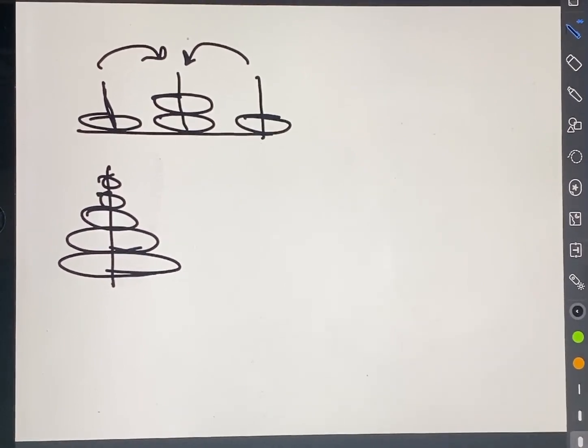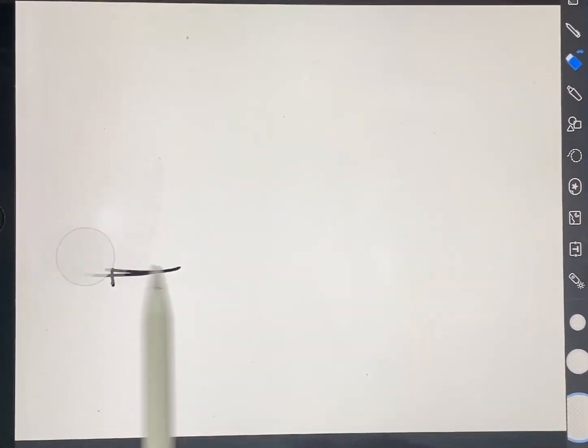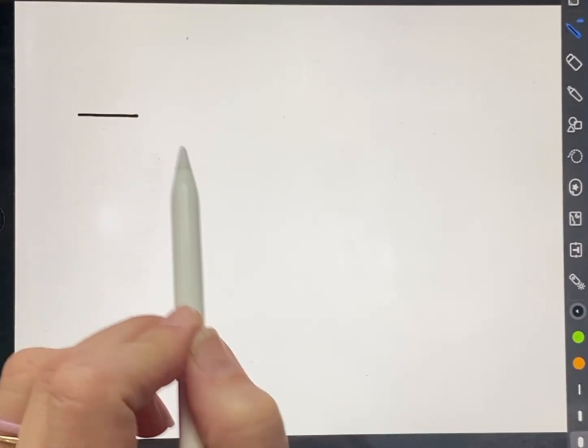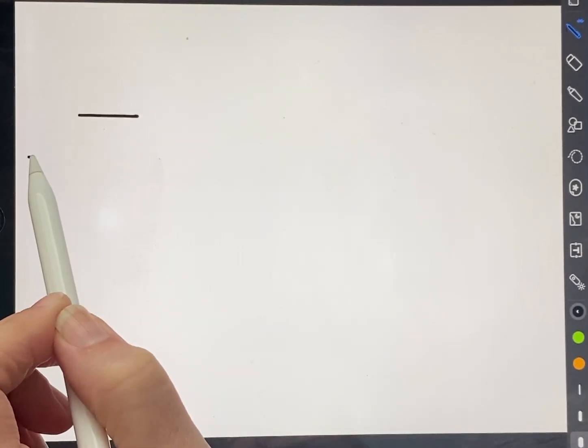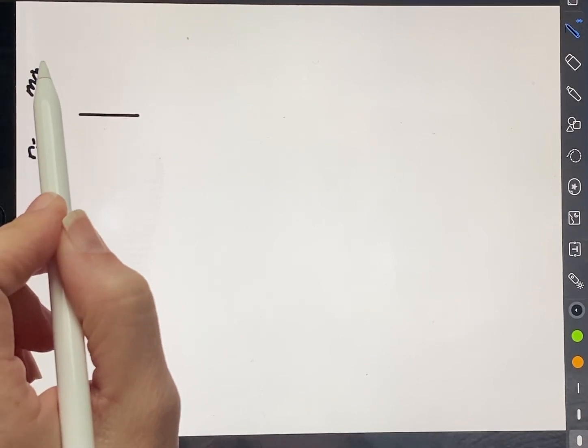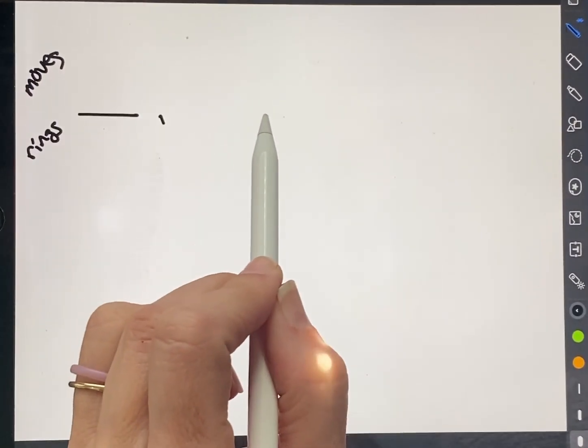So there's actually a pattern to this that tells you the minimum number of moves that you have to make. It says that the minimum number of moves to move n rings. So if we had 1 ring, so this is how many rings, these would be our X values, right? And this is the number of moves that it takes to move those rings.